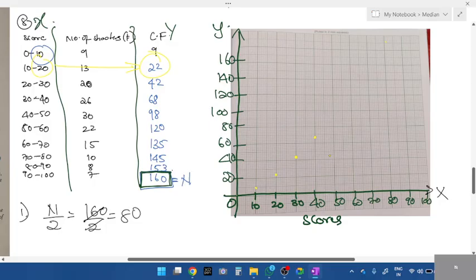Yeah, tell me the next one. What value is there? 98. How do we plot 98? 90 plus, not 8 lines. 90 plus how many lines? If you divide this 8 by 2, where does 90 lie? Between 80 and 100 there is a middle line, students.